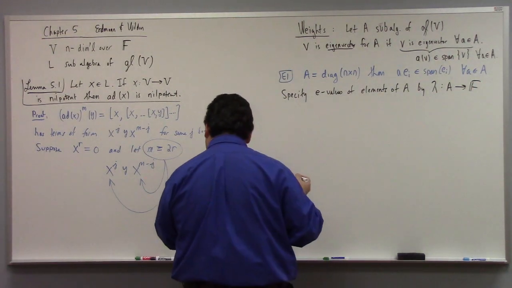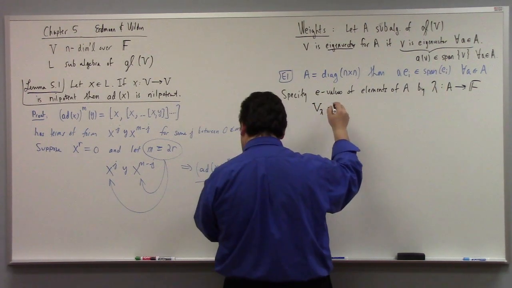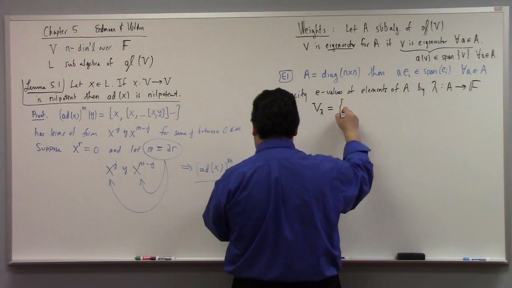He says the corresponding eigenspace, V_lambda, is going to be, what is it going to be?